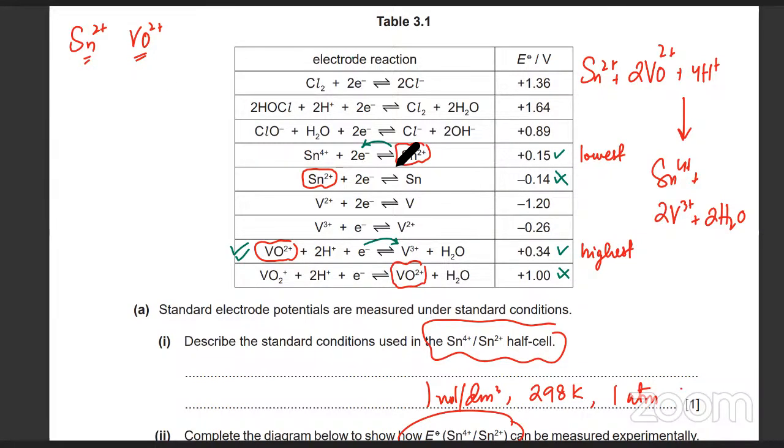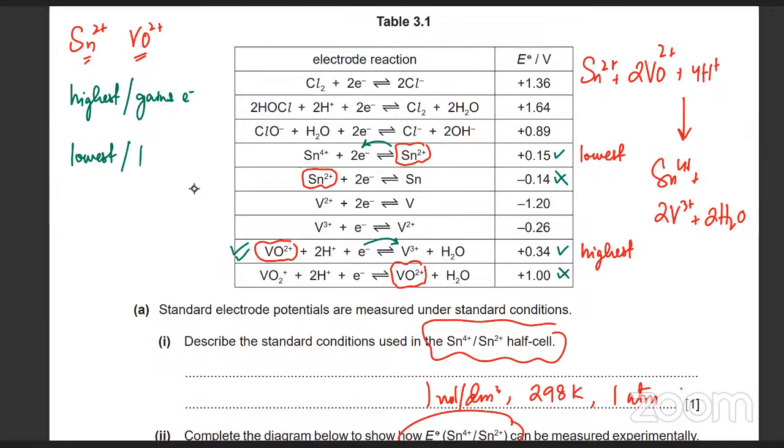So the steps are: mark all the equations where you have your reactants. Then figure out the highest one that gains electrons. But there's one condition: it has to be one of the two things over here that gains electrons. It can't be something else. Is that clear? And then you find out who loses electrons.